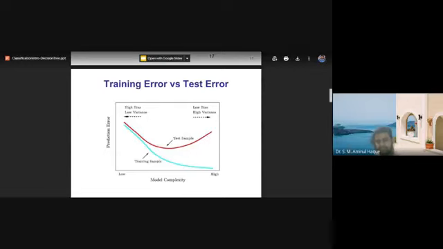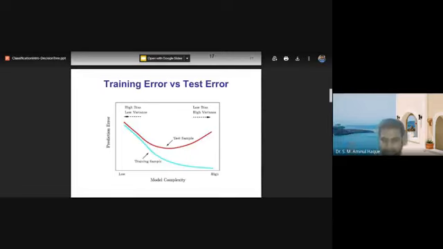But if you notice, after a certain threshold, when I increase the model complexity further, the prediction error for the training sample continuously decreases, but for the test sample after a certain point it started increasing.